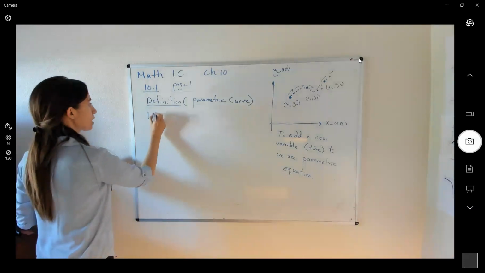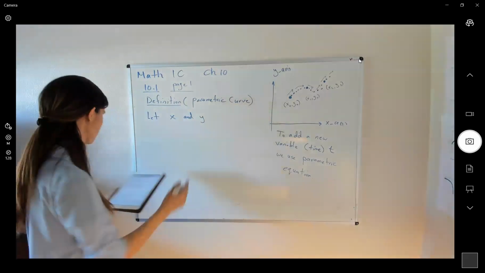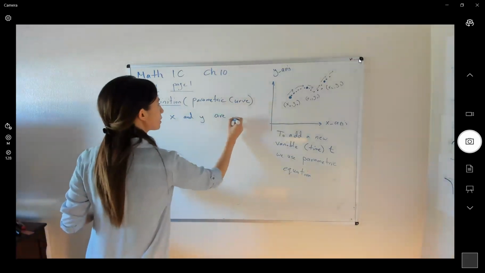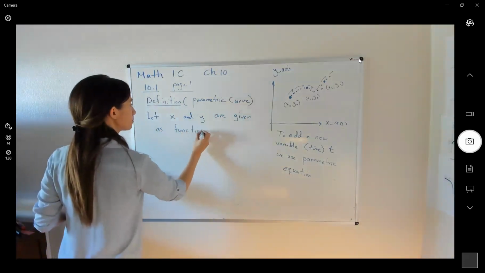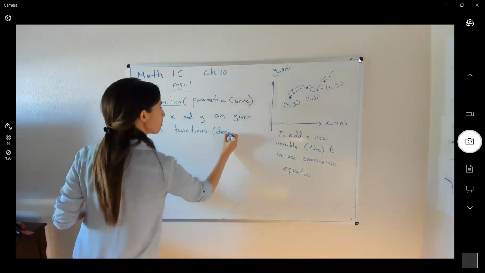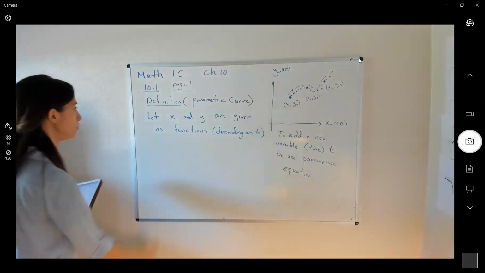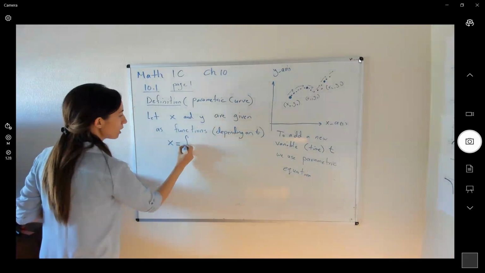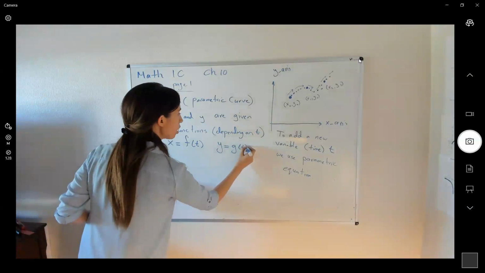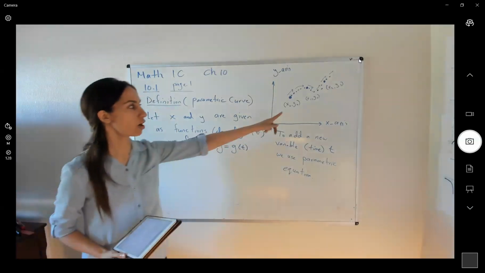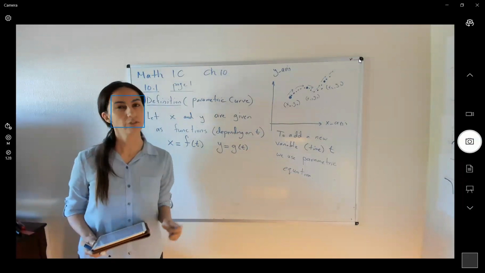Let x and y, as two variables, be given as functions depending on a new variable like t, time. So suppose x is equal to f of t and your y is equal to g of t. So each of these points can be defined using two new functions.